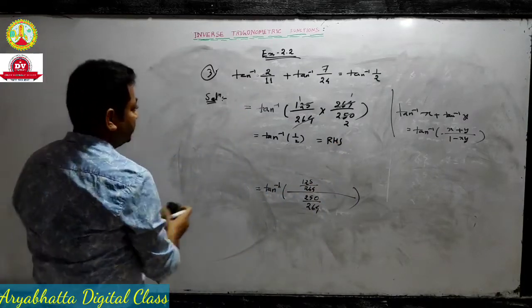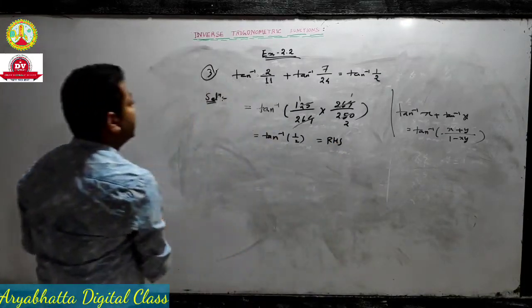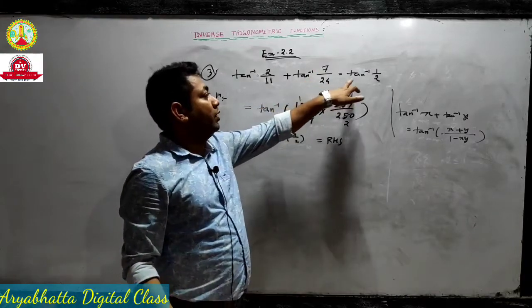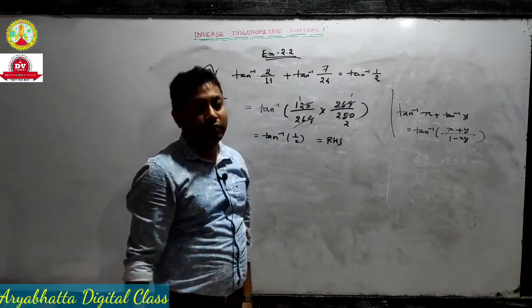Hence proved, left hand side equals right hand side. That is, tan inverse 2 by 11 plus tan inverse 7 by 24 is equal to tan inverse 1 by 2.